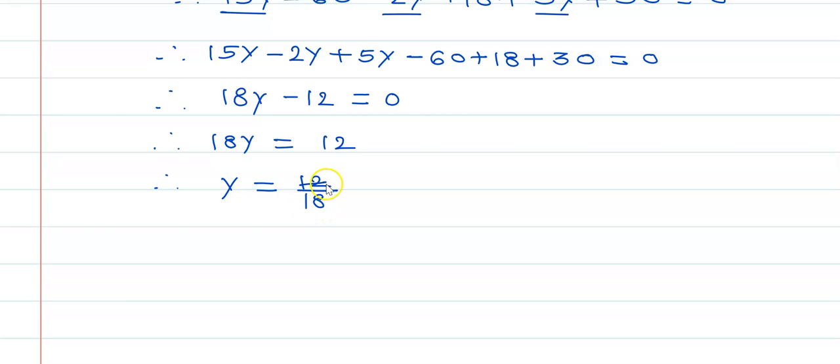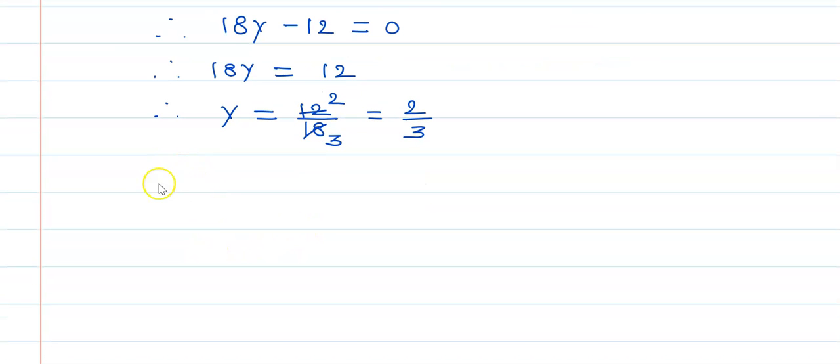Now simplify this. 6 2s are 12 and 6 3s are 18. You will get 2 upon 3, and therefore y is equal to 2 upon 3, and this is the answer.